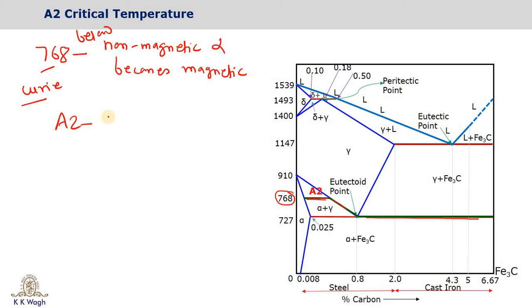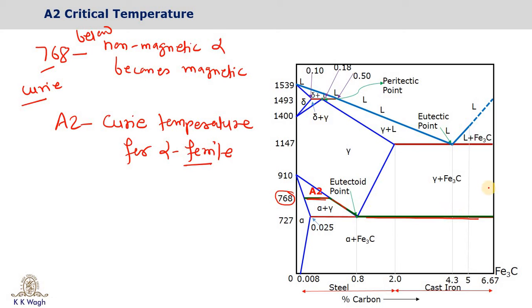The A2 critical temperature line is also called the Curie temperature line for what? For alpha ferrite. For alpha ferrite, this is the Curie temperature line, or we can say the critical temperature line.